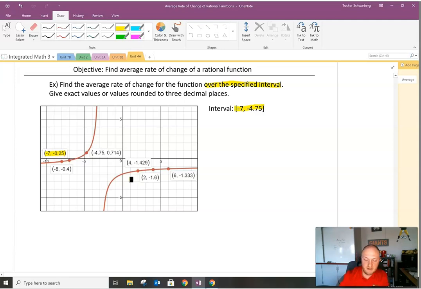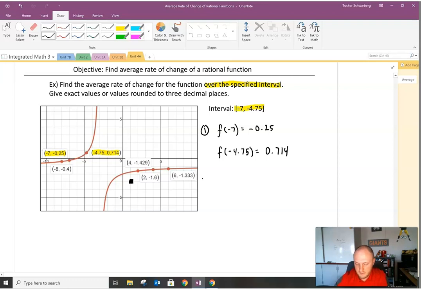And then to negative 4.75, which is here. So look, those are my values right away. Step 1, I'm going to find my function values. F of negative 7 is negative 0.25. F of negative 4.75 is equal to 0.714. So there's my function values.